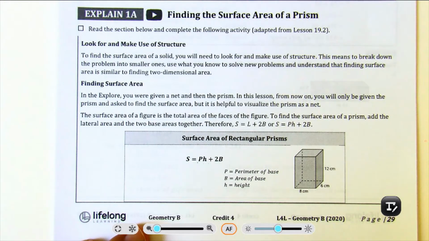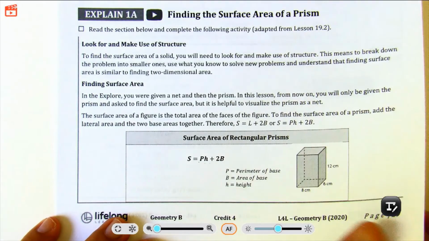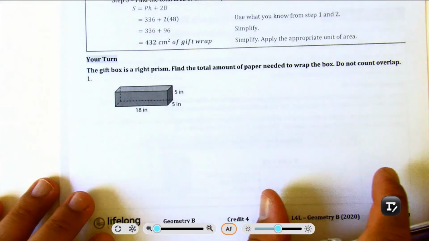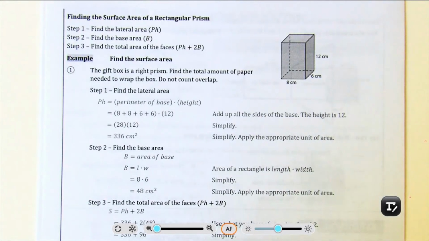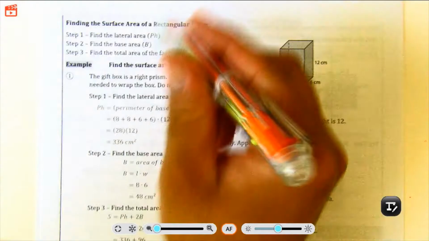So we're going to be using this formula in the next examples. And we're going to be doing this in steps. So the first step is to find the lateral area, which is the perimeter of the base times the height.